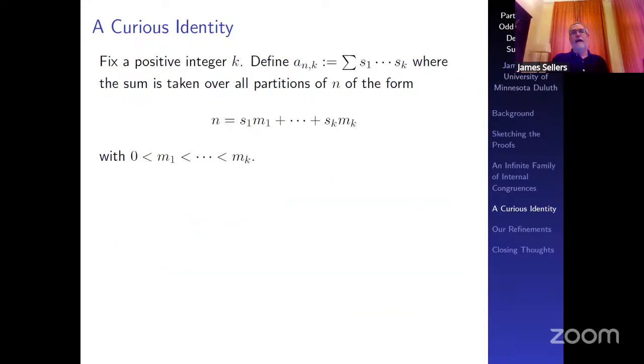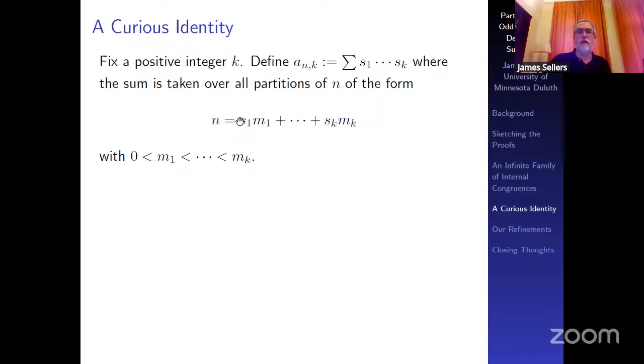If you define something called A sub n and k to be the sum over all partitions of n which have exactly k parts, m1, m2, up to mk, the A sub n and k are actually summing the products of the frequencies of the parts.